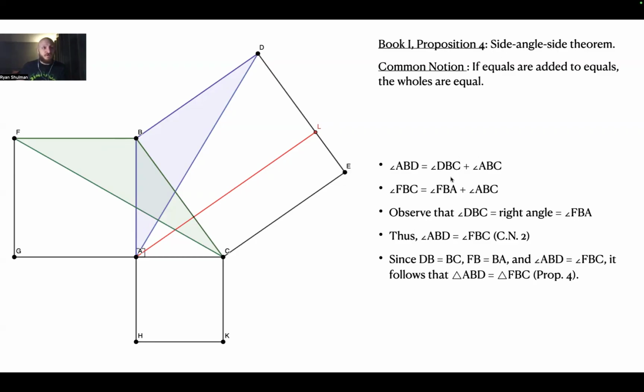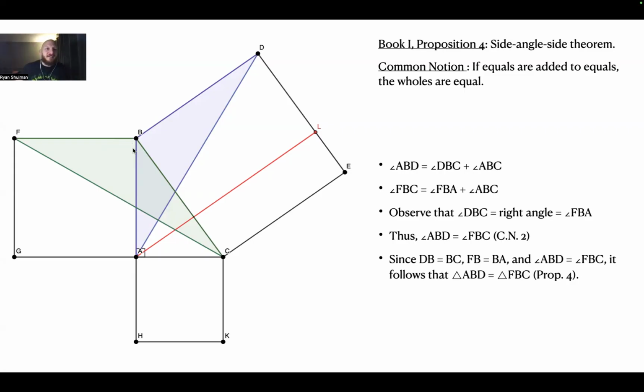That means that, since equals being added to equals, that's common notion two, the wholes are equal. This results in angle ABD and angle FBC being equal. So the wide angle of the purple triangle is equal to the wide angle of the green triangle.